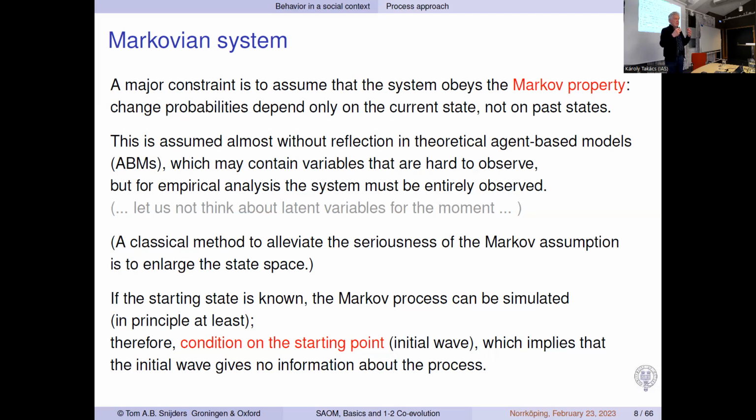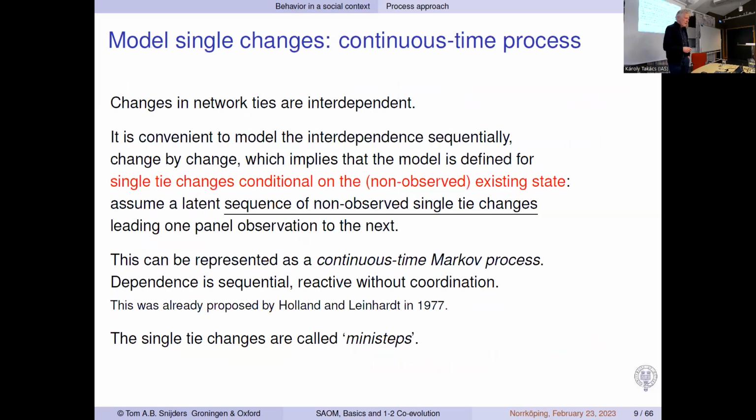The starting point, the first wave, is just used as the starting point, whatever it is. And the statistical way of saying this is that we condition on the starting point. And if you've got a Markov system and you've got a starting point, then you can simulate it.